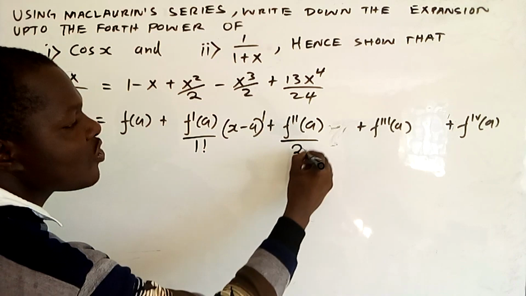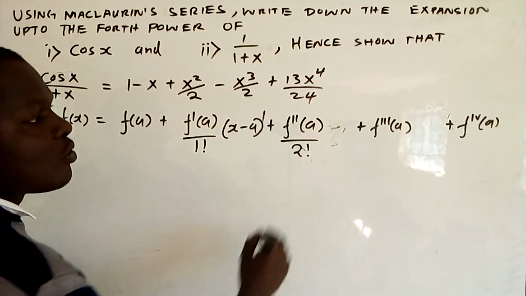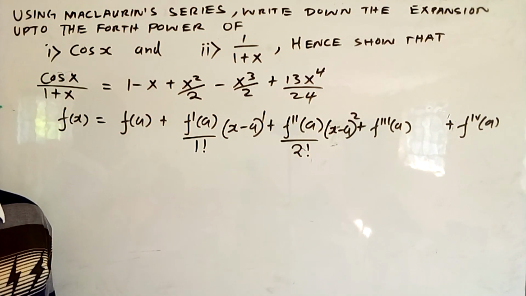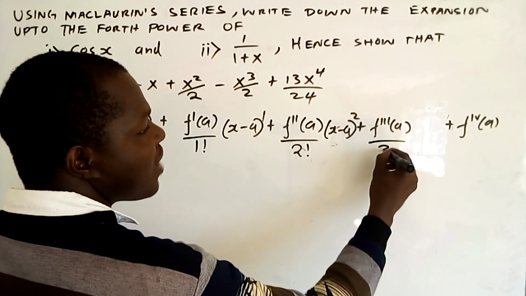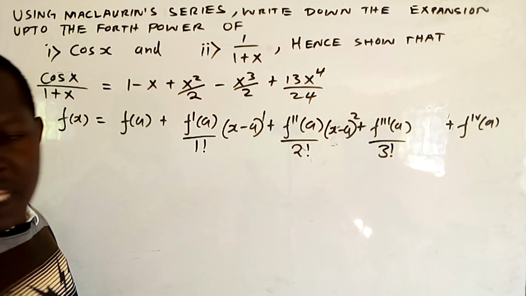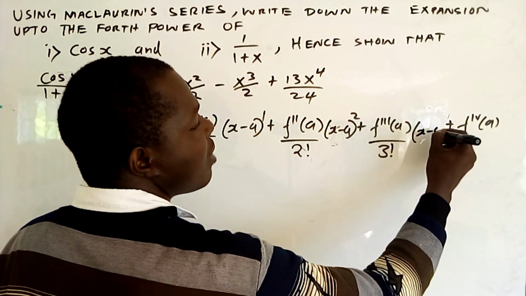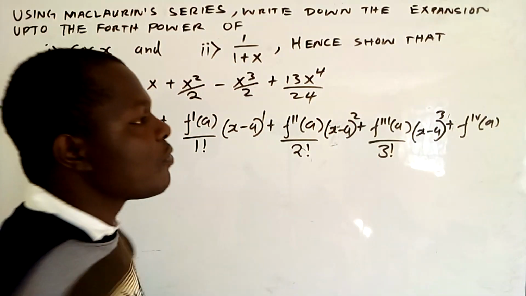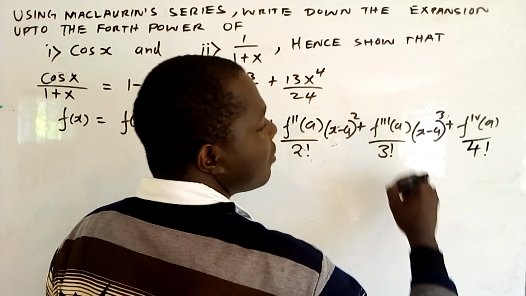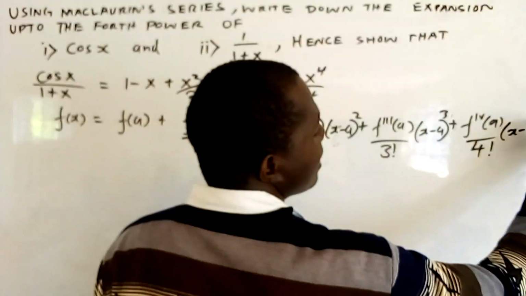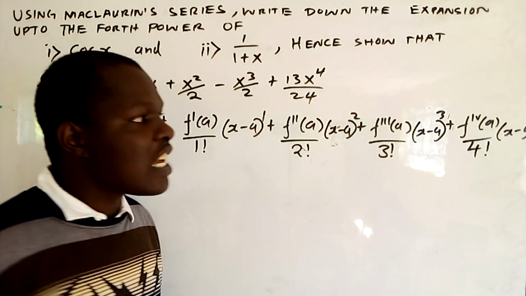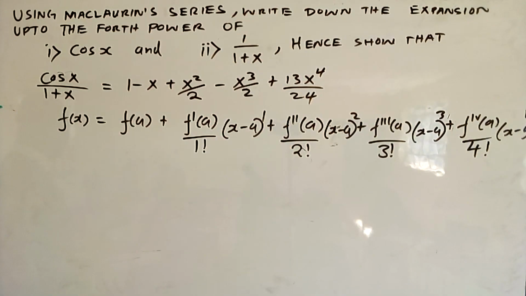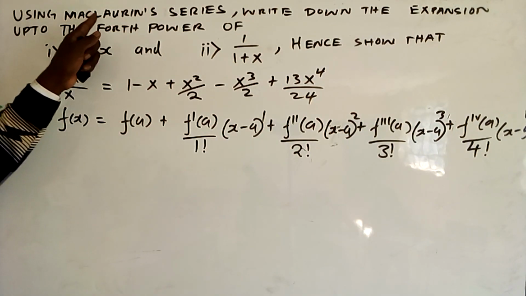The second time gives 2 factorial, with x minus a raised to power 2. The third time gives 3 factorial, with x minus a raised to power 3. The fourth time gives 4 factorial, with x minus a raised to power 4. That is just mastering the formula, but we know where it comes from. They are talking about the Maclaurin series.